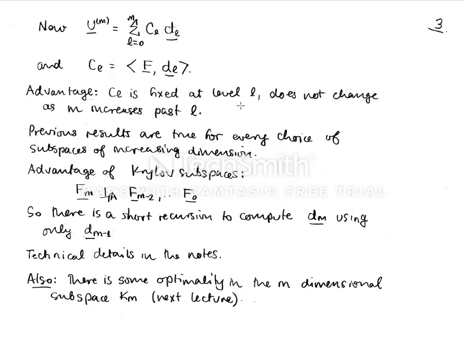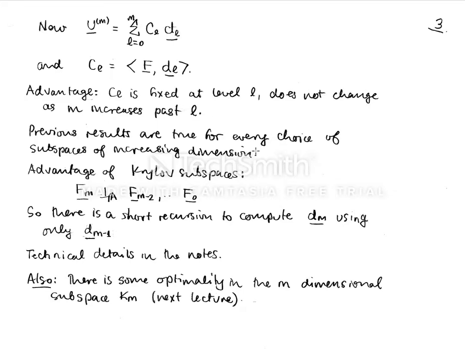I could have taken the standard basis vectors, and this all would have been exactly the same process. So what do you get extra when you use the Krylov subspace instead of some random subspace to do these kind of approximations in?